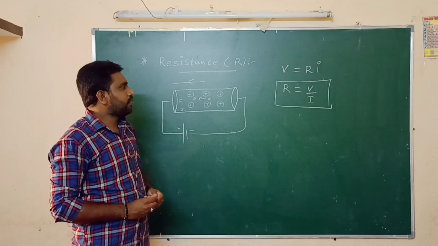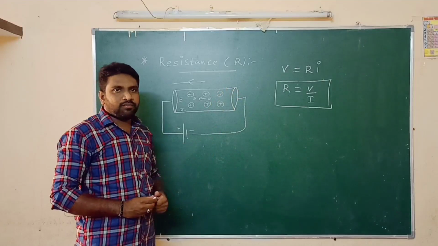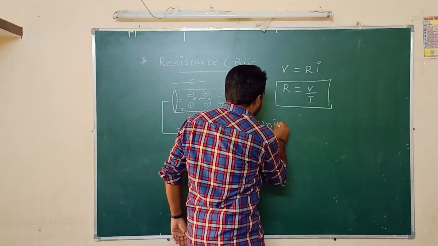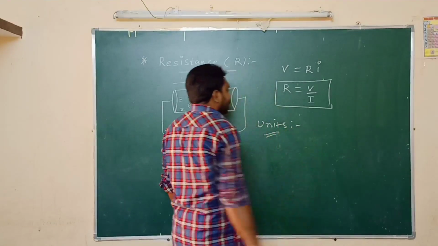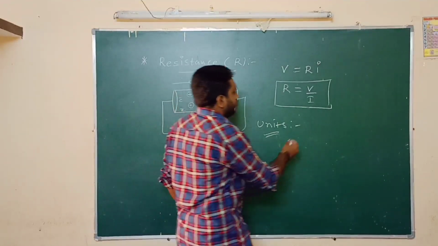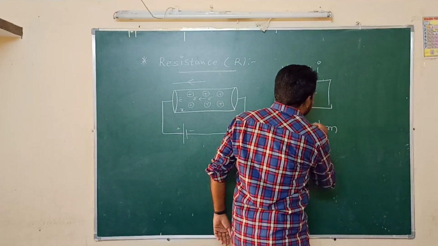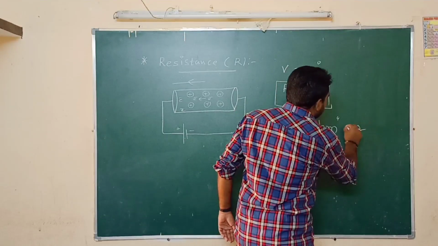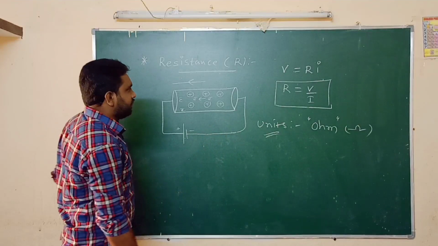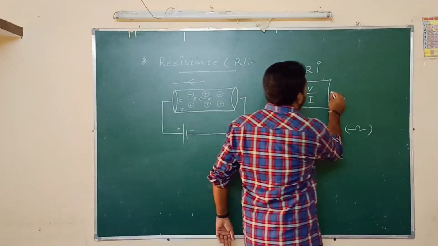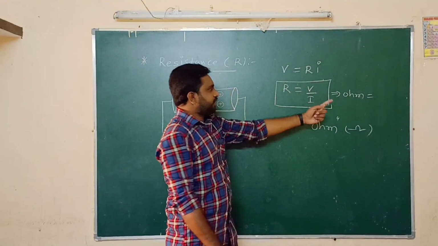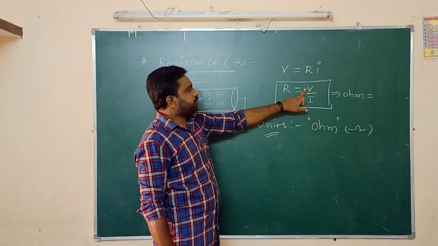Next we are going to learn the units of resistance. The SI unit of resistance is ohm. We measure the resistance of a conductor in ohm, and it is denoted with the symbol omega. Now how can we define ohm? From this equation, resistance is measured in ohm, and V is the potential difference.